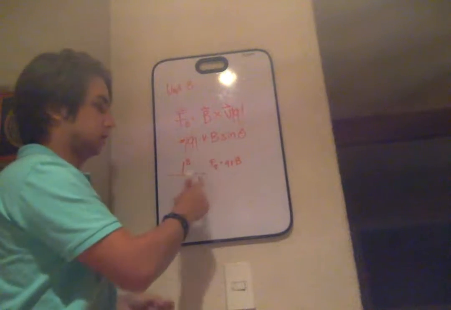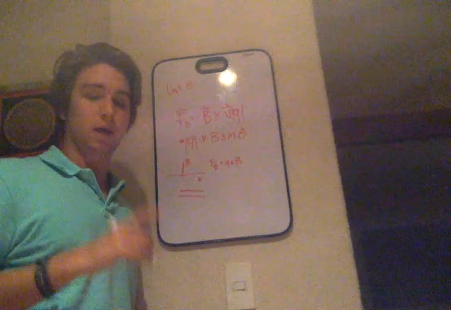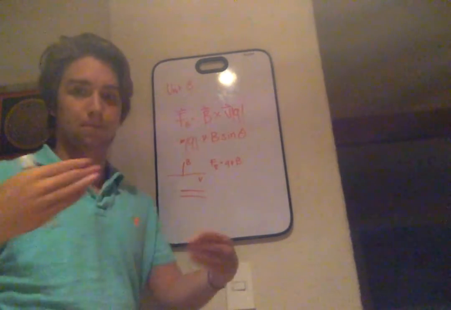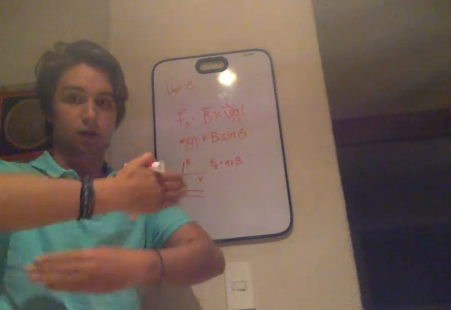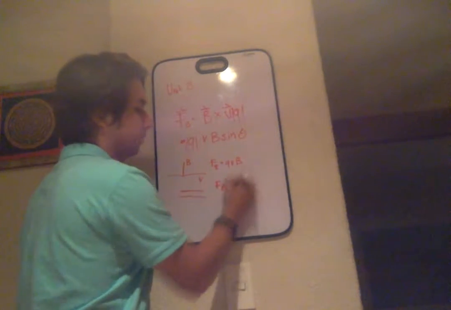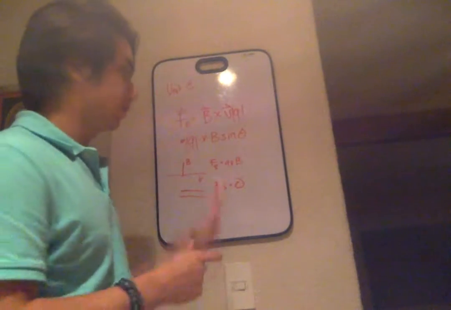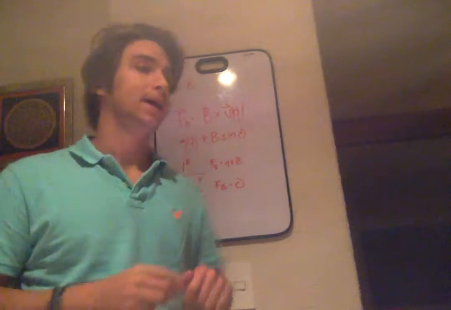And in case they are parallel or anti-parallel, where anti-parallel means they're going in opposite directions but never touch, then we have a magnetic force of 0 newtons, and they're newtons because it is a force.